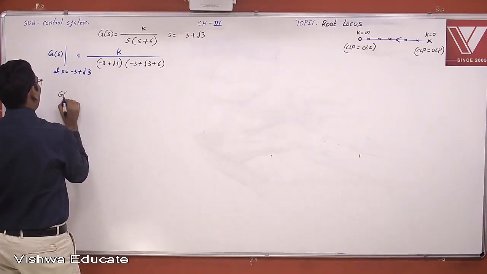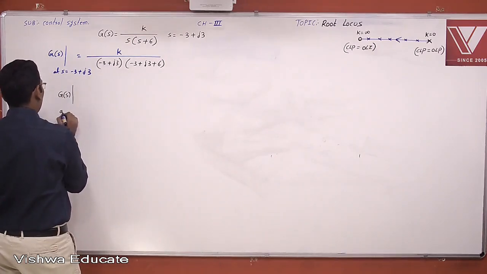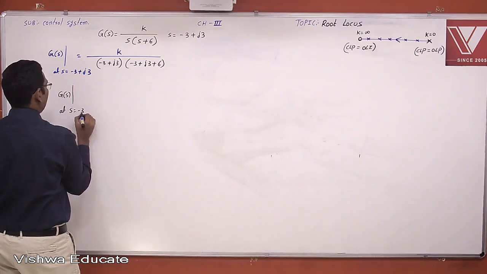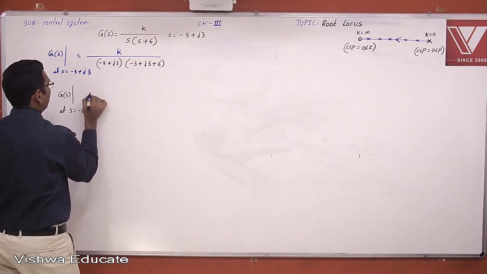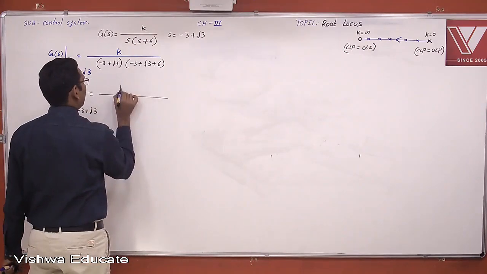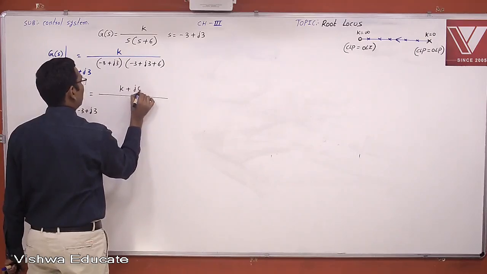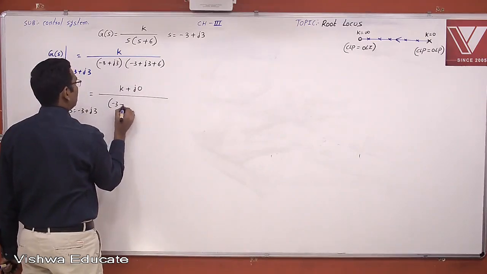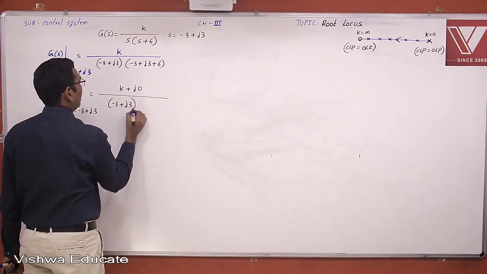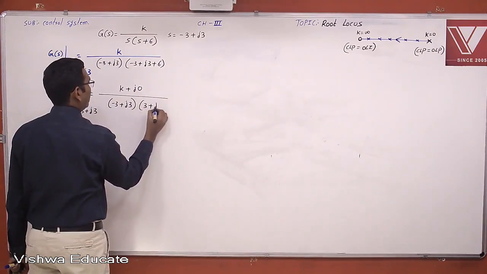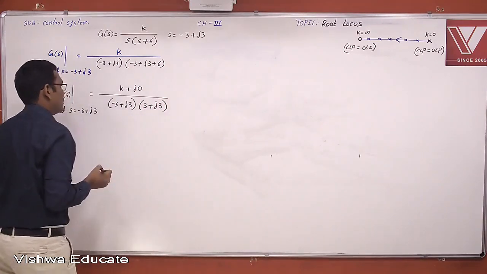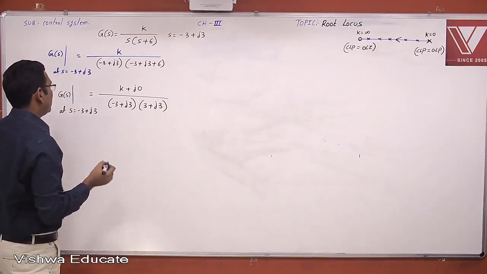So G of S at S equal to minus 3 plus j3 is equal to K plus j0 divided by minus 3 plus j3 and 3 plus j3.